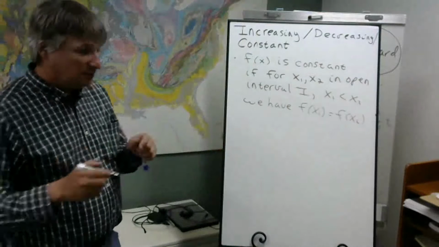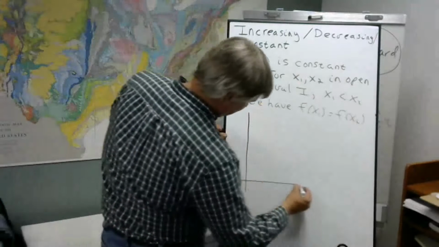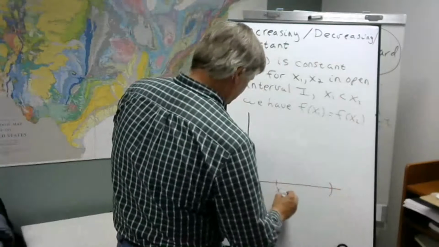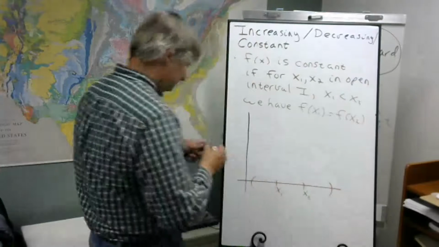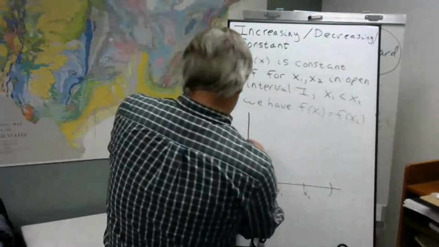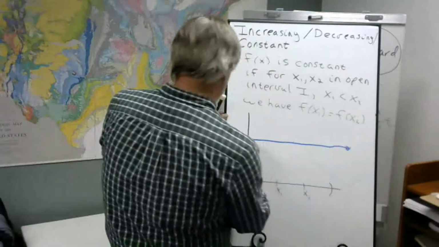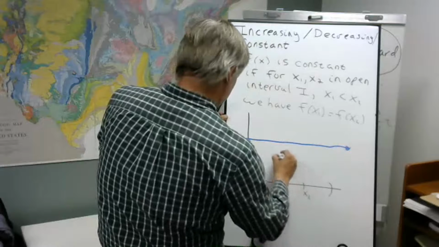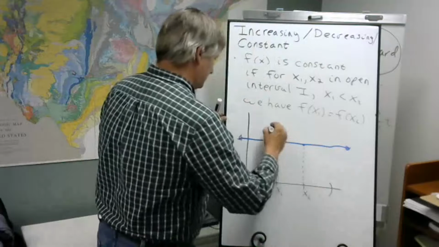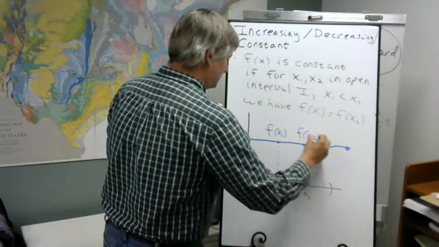So what this looks like. A constant function doesn't change its value. So I'm going to try to draw a flat line here. So f of x1, f of x2.